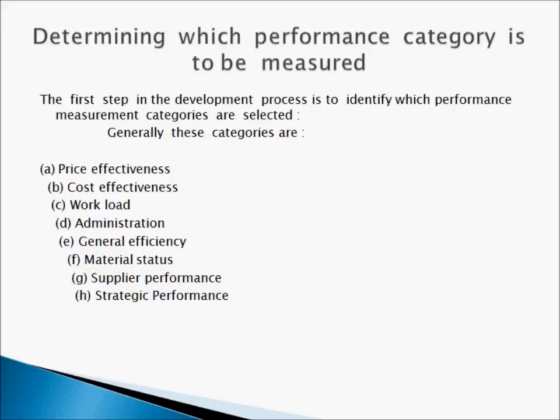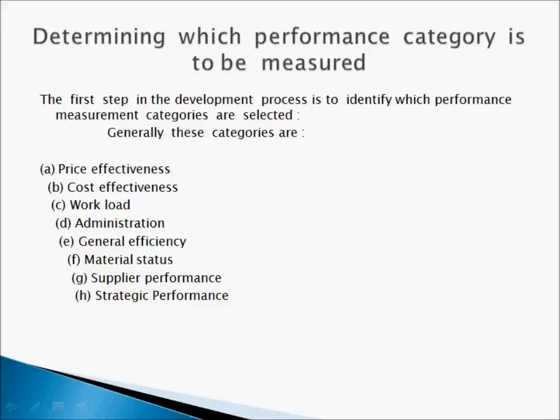The performance measurement categories that are generally selected may include: number 1, price effectiveness, cost effectiveness, workload, administration, general efficiency, material status, supplier's performance, and strategic performance. All these activities should be executed in an efficient and effective form.